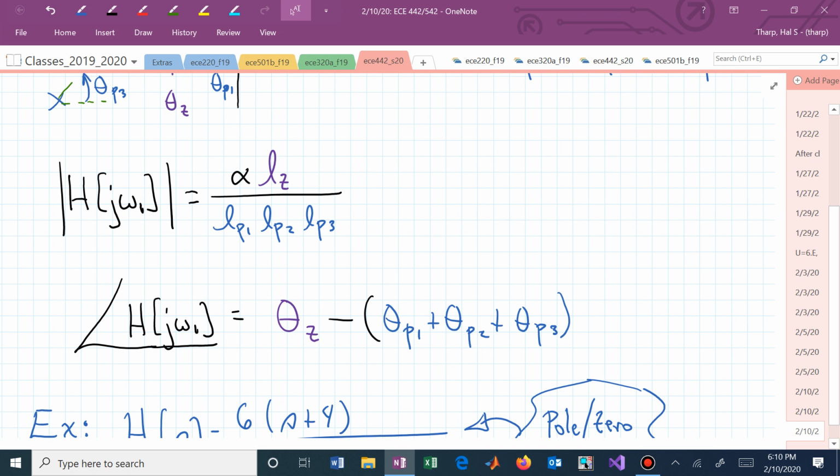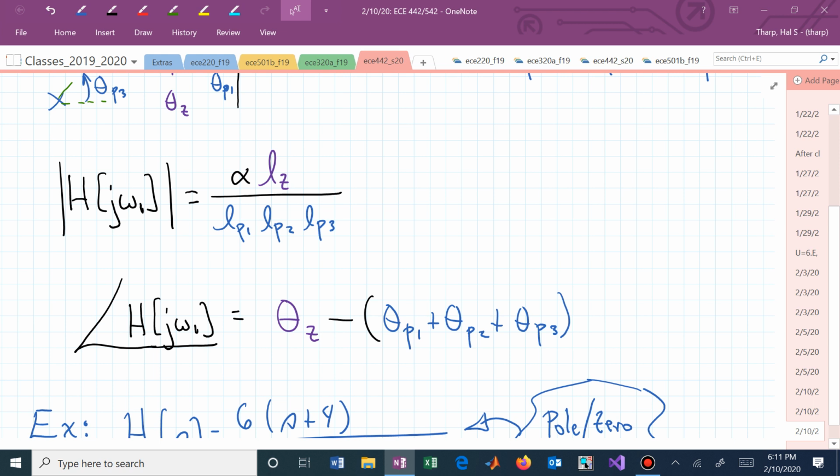Really, in a complex number, you could write those complex numbers as a magnitude e to the j theta. Then what happens when you combine all of those? You're combining the exponents, the e to the j thetas. You have e to the j theta z upstairs, and all these e to the j theta p's downstairs, and when you pull them all together, that's how the subtraction comes into play for your pole angles.